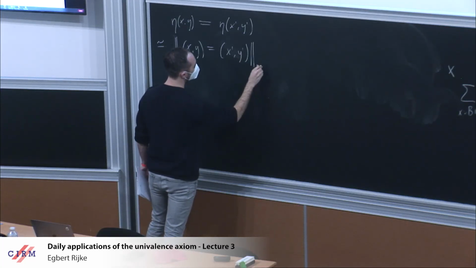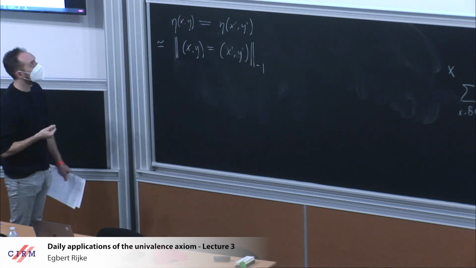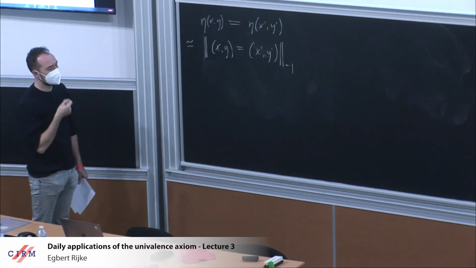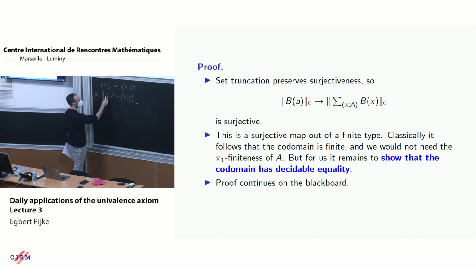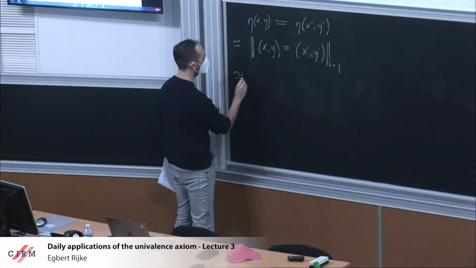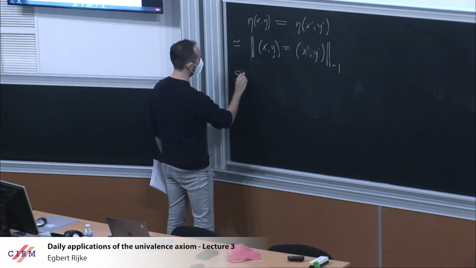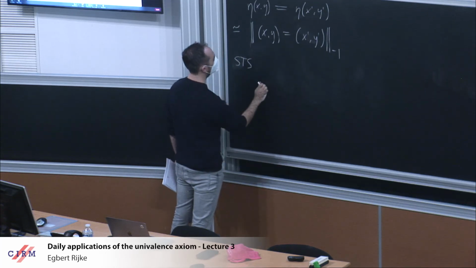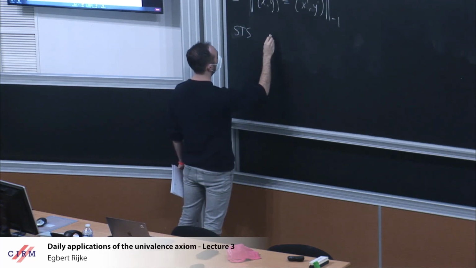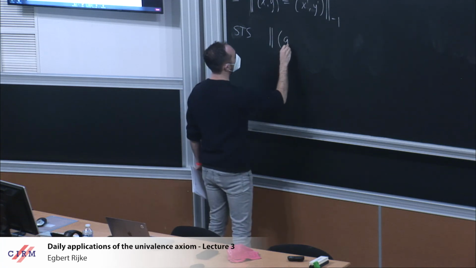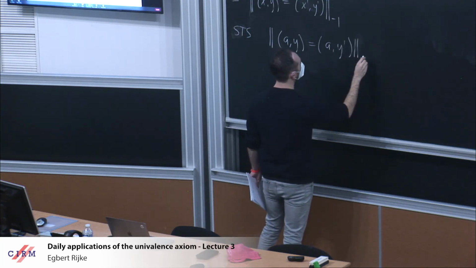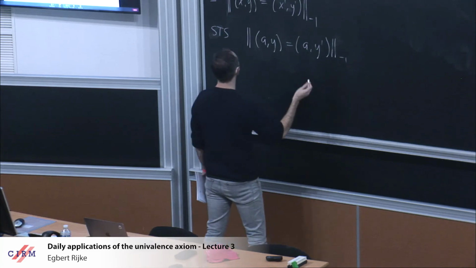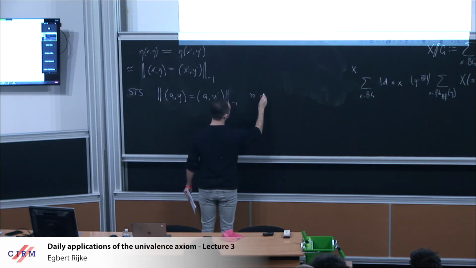And this is propositional truncation. And now we're going to use that the type A is connected and pointed. So this x and this x prime is merely equal to a. So this thing is not equivalent, but it suffices to show that a comma y equals a comma y prime is decidable.